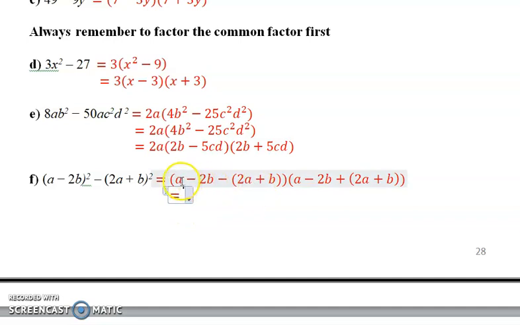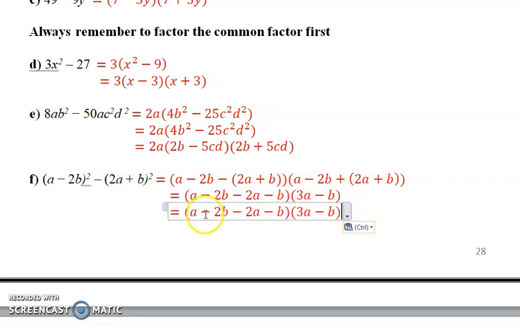And you get a minus 2b minus 2a minus b, and then your second factor is going to be 3a minus b, which would equal, simplifying this, minus a minus 3b. So it would be negative a minus 3b. And there's your two factors, simplified.